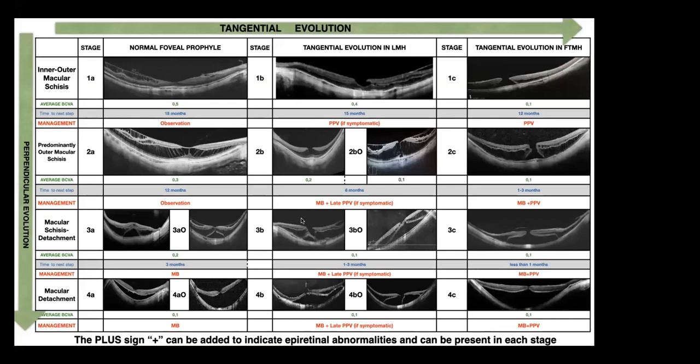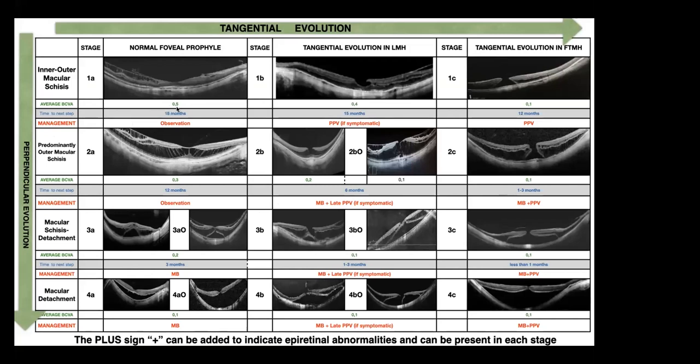So this is the same table that I've been showing. In red, you see that for each stage, I have offered a guideline of management customized per stage, because in stage 1A and in stage 2A, I advise to do nothing, just observation, for two reasons.